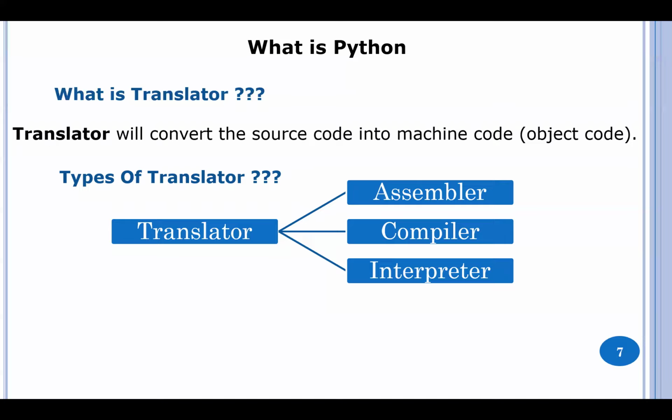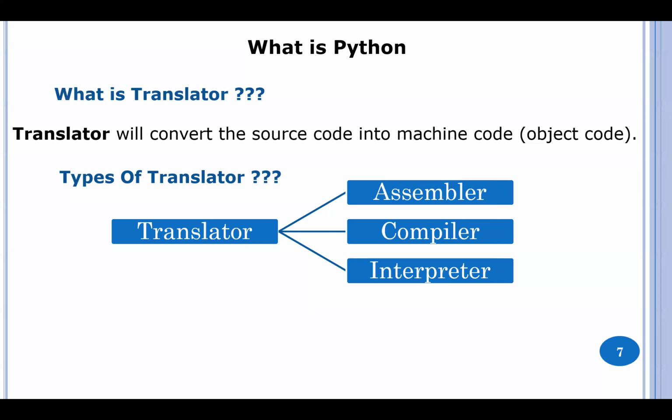Now coming to the second generation or mid level, in second generation the language we have used is called assembly language. So the translator we use to convert assembly language to machine language is called the assembler.